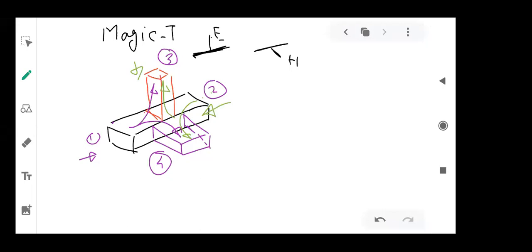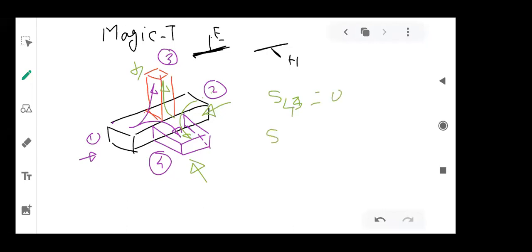Similarly, if you apply any signal at port number 4, then the output will be available at port number 1 and 2, and both are going to be in phase. And no signal will be at port number 3. So you can see that port number 3 and 4 are isolated. If I apply anything at port number 3, the output at port number 4 is going to be 0.